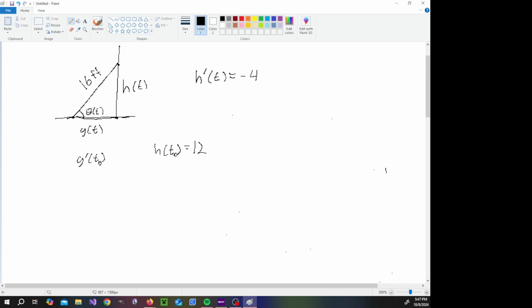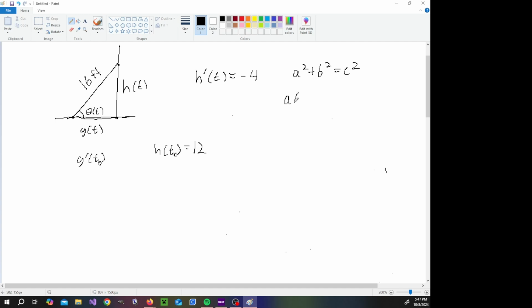So first of all, we can look at the sides of this triangle as they relate to each other. When we're talking about sides of a triangle, one of the most natural things to bring up is the Pythagorean theorem, especially for a right triangle. So a squared plus b squared is equal to c squared.